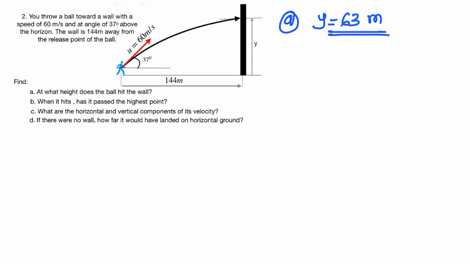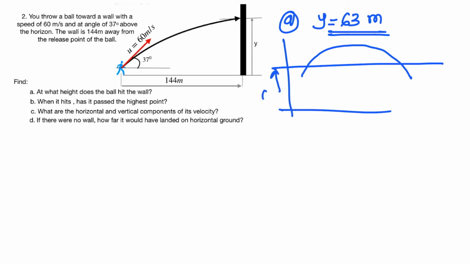This height will occur at two instants of time during projectile motion. So if we say y is equal to 63 here, we will get x1 and x2, with times t1 and t2. These two time instances tell us if the ball has reached the highest point before hitting the wall.